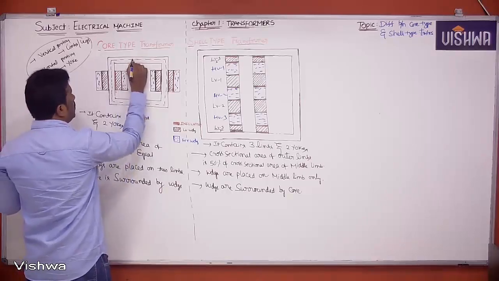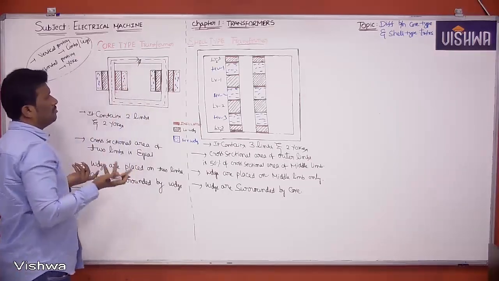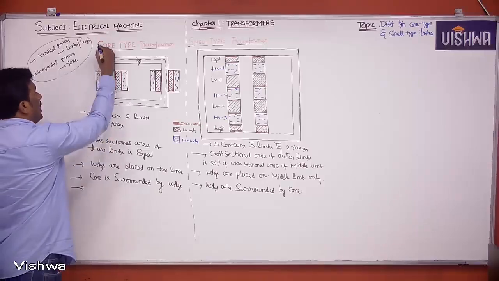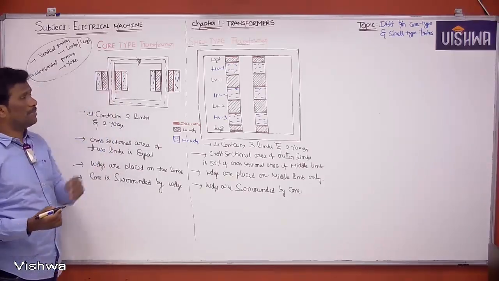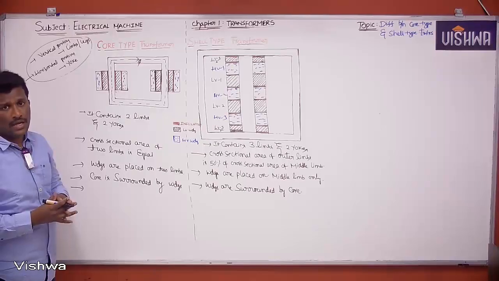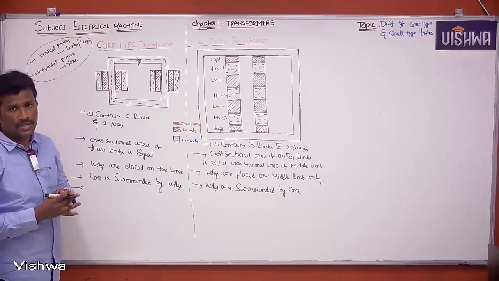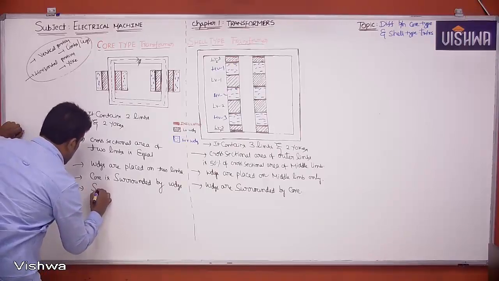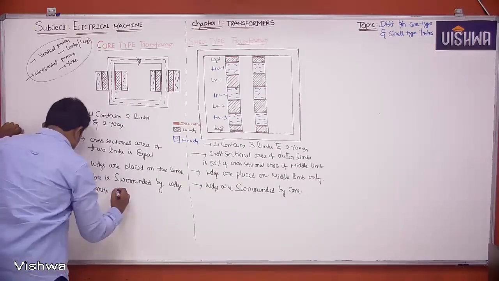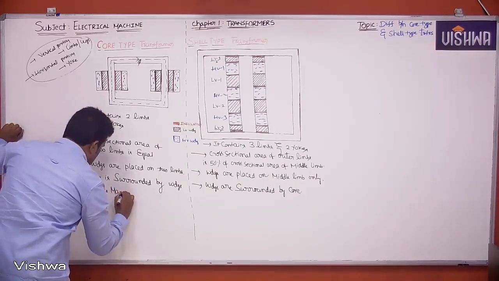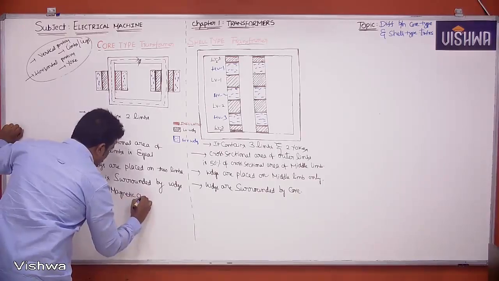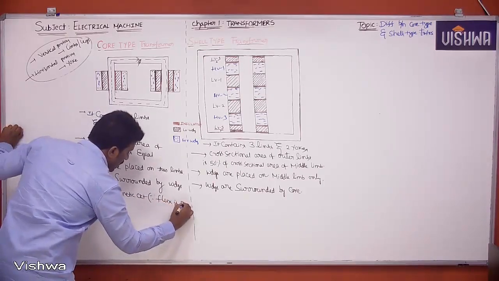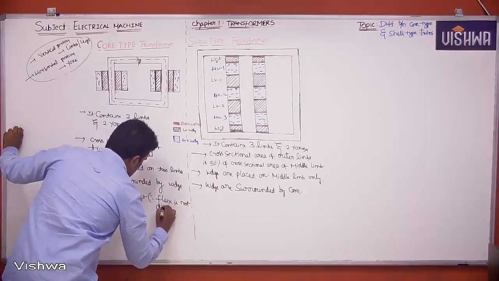Do we have any division of flux here? No, flux is not divided. That's why I can call this core-type transformer a series magnetic circuit. Why? Since flux is not dividing.